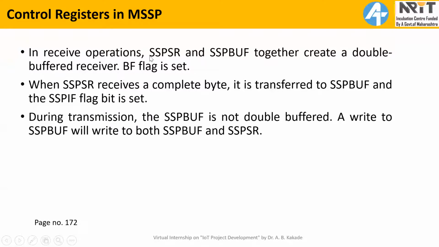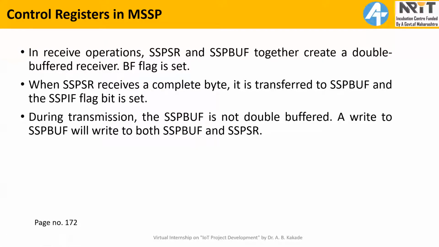Once all 8 bits in the SSPSR register are shifted out, that is, transmitted to the slave device, this buffer full flag is automatically cleared. So whenever the buffer flag bit is 0, it indicates that the SSP buffer register is available for a write operation. When SSPSR receives a complete byte in receiving mode, see, the SSPSR register is used for both transmission and reception.